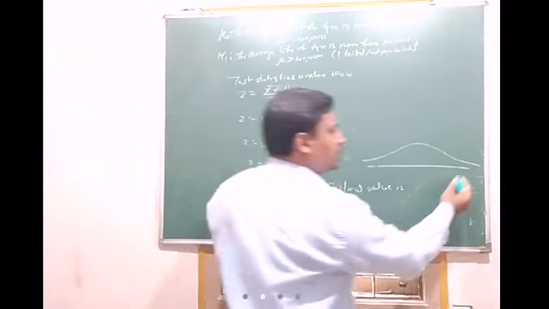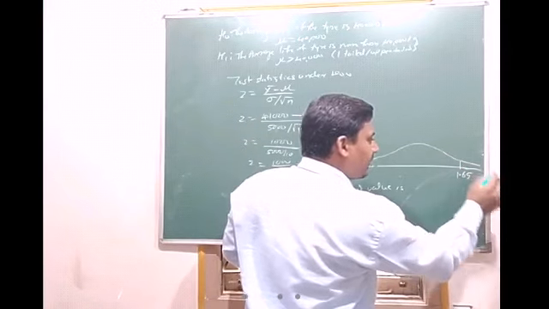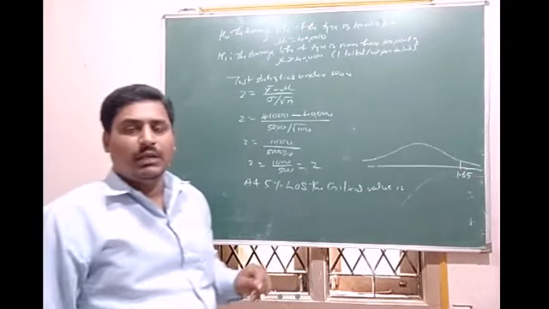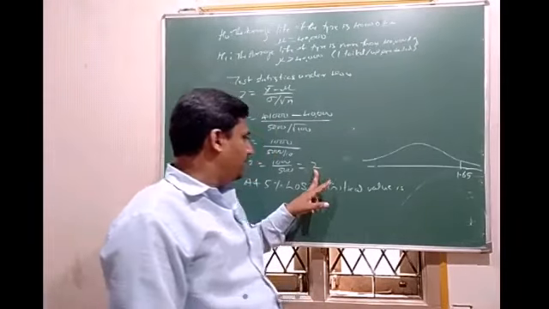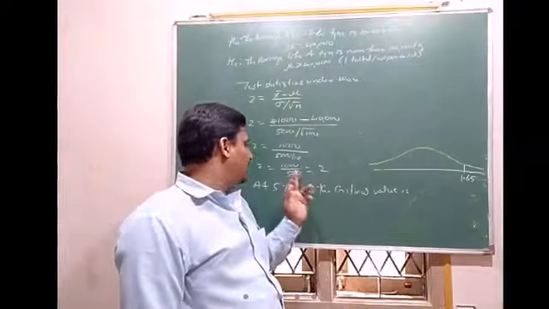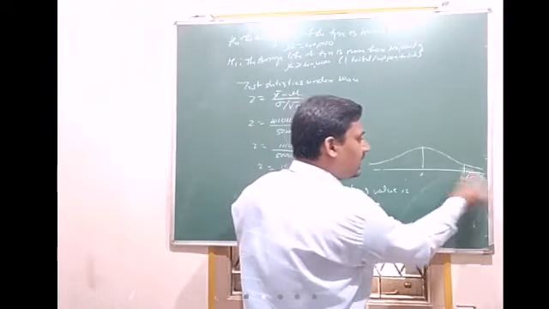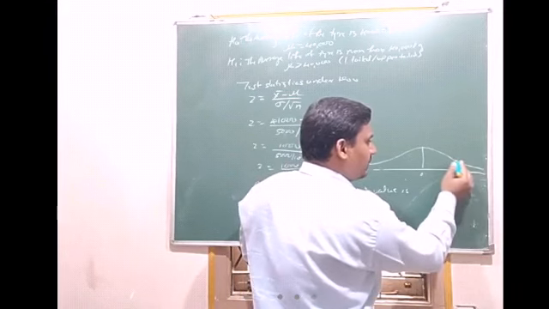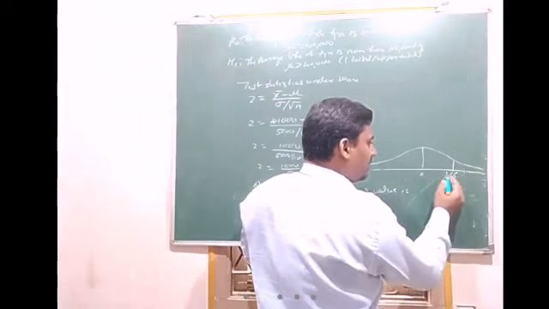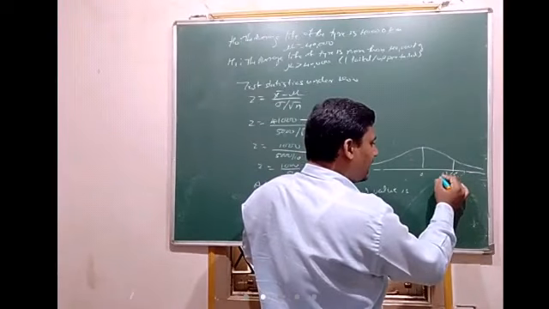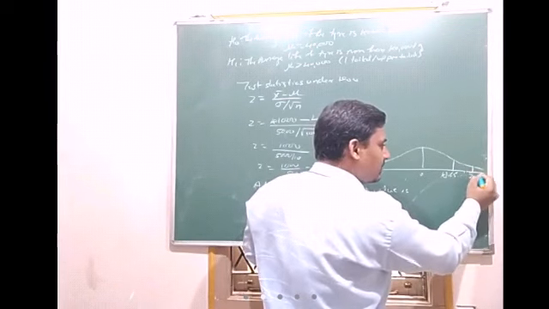Since this is an upper tail test, we have a positive value, that is plus 1.65, and our test Z calculation is 2. So I will write somewhere here, 1.65, that is the critical value K, and our answer lies here, Z calculation 2.